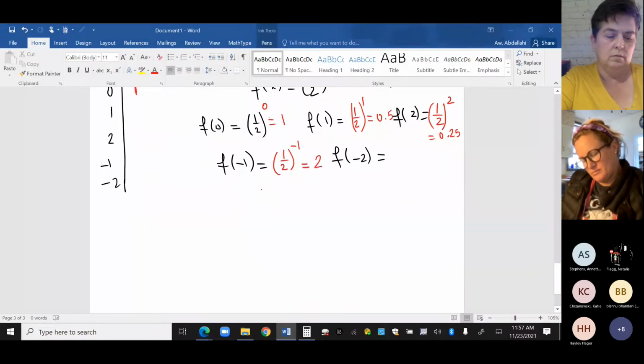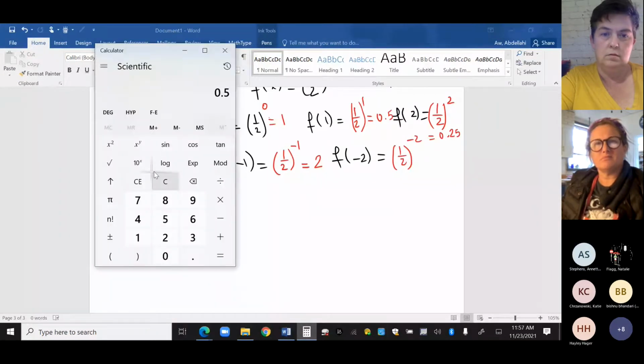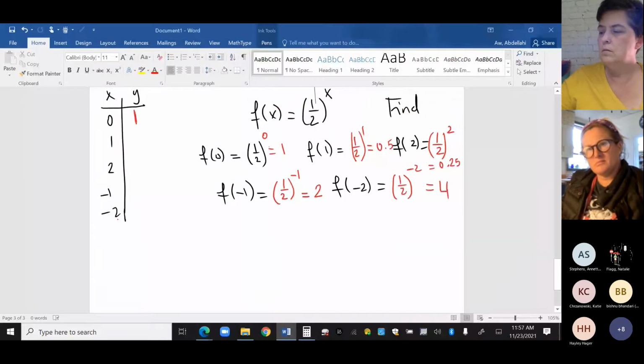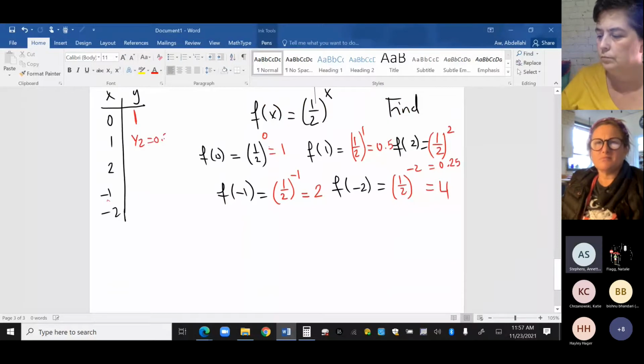What is f of -2? It is going to be 1/2 raised to the -2 power. Again, use a calculator. 1/2 is 0.5, right? 0.5 raised to -2, which is 4, right? Okay, so now what are my 5 points? I have 0, 1. I have 1, 1/2, 0.5.